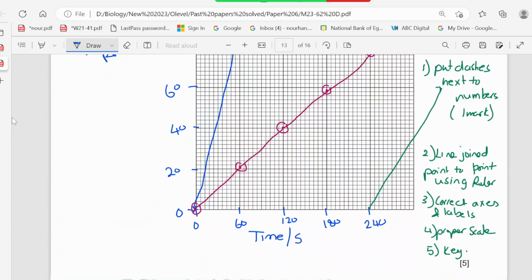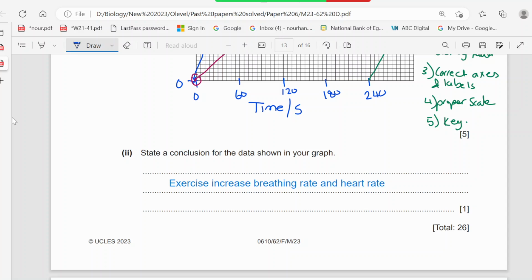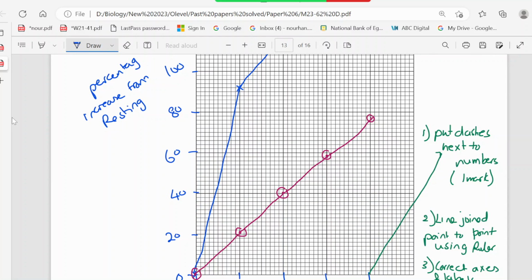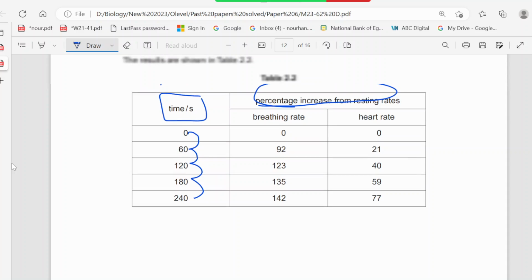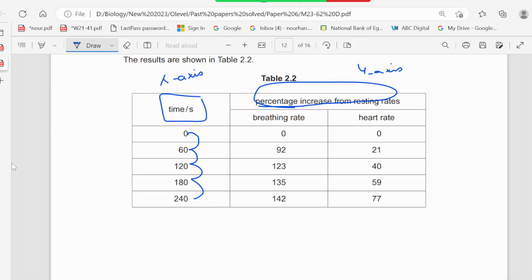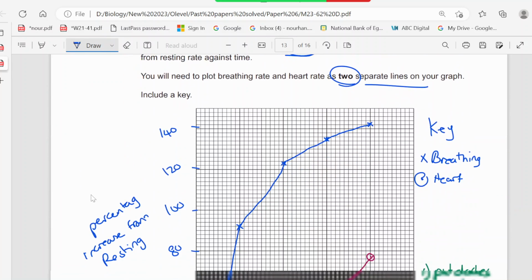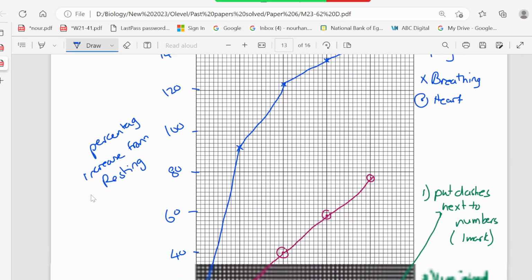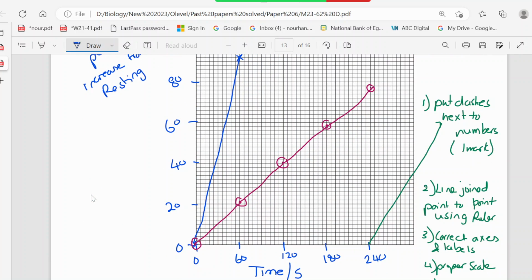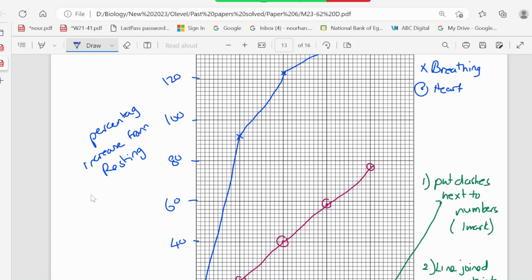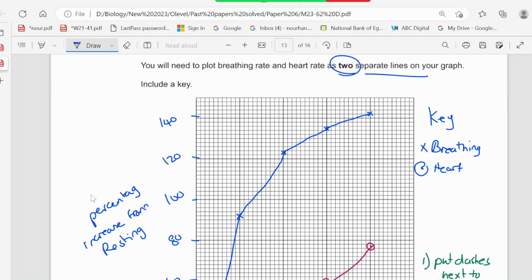So I can put them as they are: 0, 60, 120, 180, 240. On the y-axis I want numbers until 145, for example. So how did I put them? 0, 20, 40, 60, 80, 100, 120, 140 and this will be 150. It is half a box, so the 145 will be here, the 142, sorry, will be here.